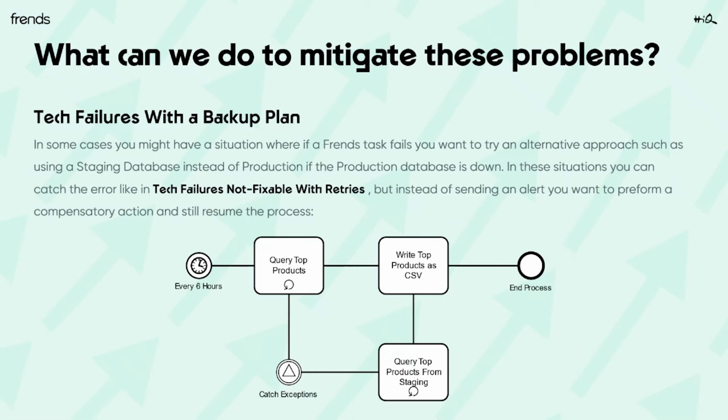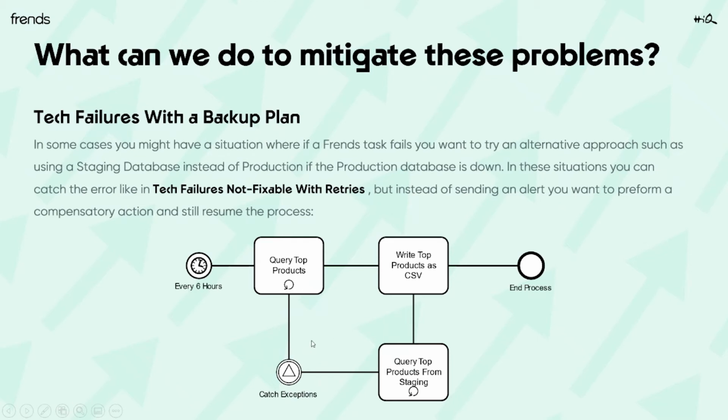So what the backup plan functionality here means is that we might have now a similar use case where we are getting our top products from our SQL database, and we might even have configured, let's say, 5 retry options for that SQL query. But regardless if that step fails and goes into that exception state, we can of course then catch that exception exactly like on the previous slides.